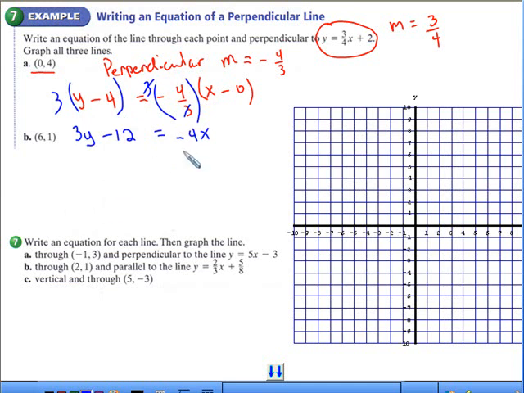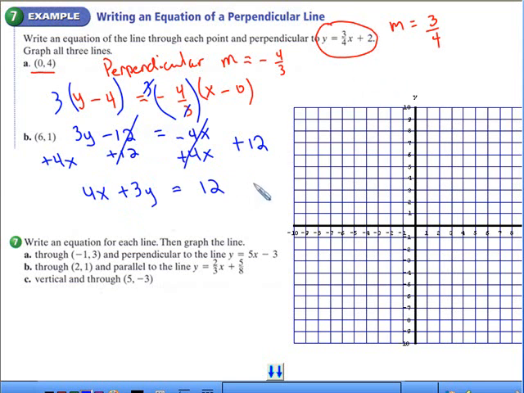We're going to add 4x here and add 4x to the other side. And we're going to add 12 here to move 12 to the right side. This will eliminate, what are we left with? 4x plus 3y is equal to 12. This is the equation of a line perpendicular to this line.